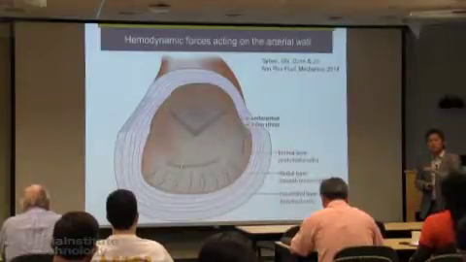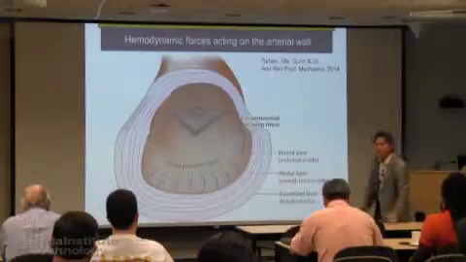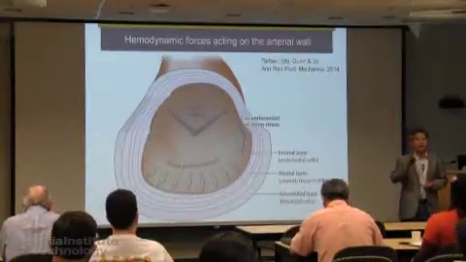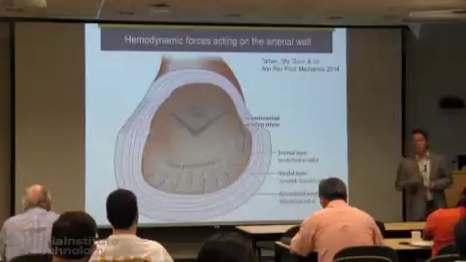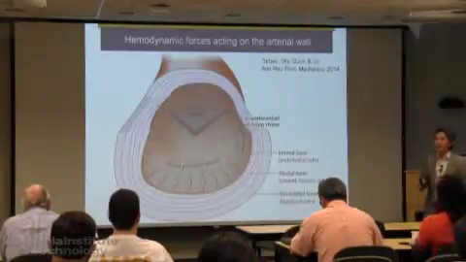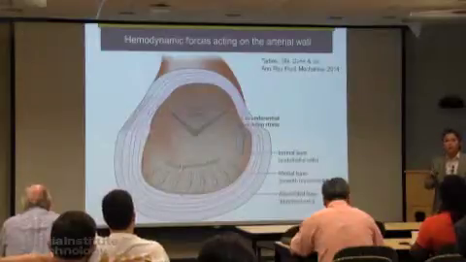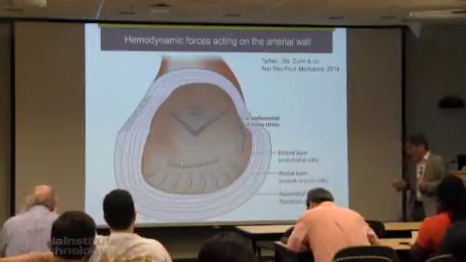This is a viscous fluid going across the endothelium, dragging across the cell surface, and that's shear stress. So one of the bottom line messages is that if you have unidirectional high level of shear, that's good. That protects the endothelial layer, that protects against the disease. But if you have a shear stress that changes its direction at a low speed, then that usually is associated with disease development.